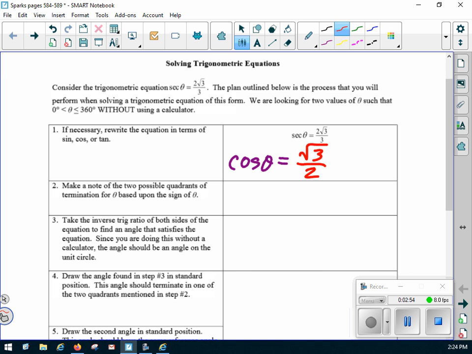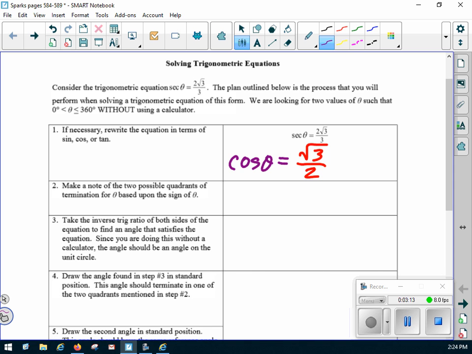When you solve this equation, what you're looking for is what is theta? What angle or angles have a cosine that's square root of 3 over 2? Now look at number 2.